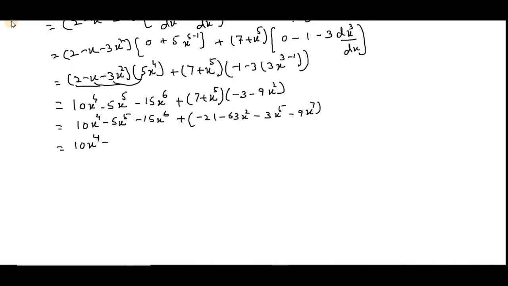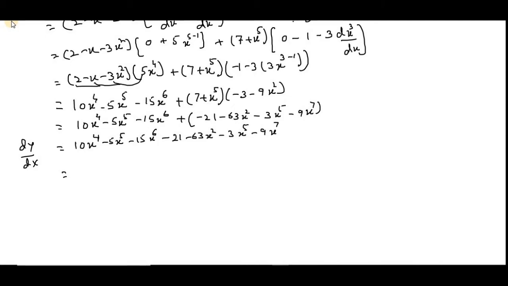So 10x raised to power 4 minus 5x raised to power 5 minus 15x raised to power 6 minus 21 minus 63x square minus 3x raised to power 5 minus 9x raised to power 7, and this is the derivative of the given function.